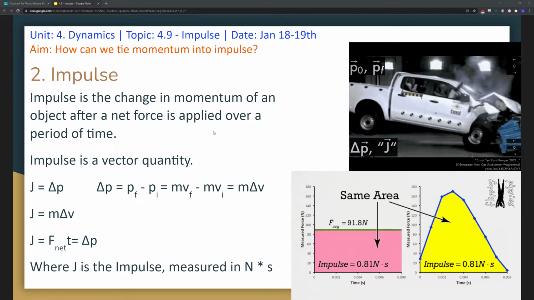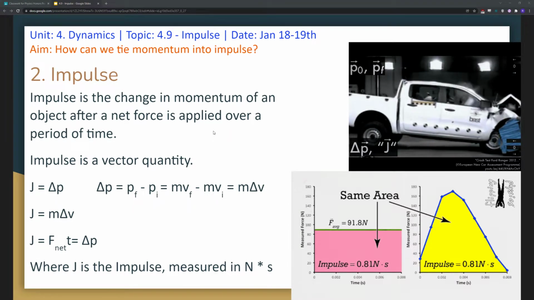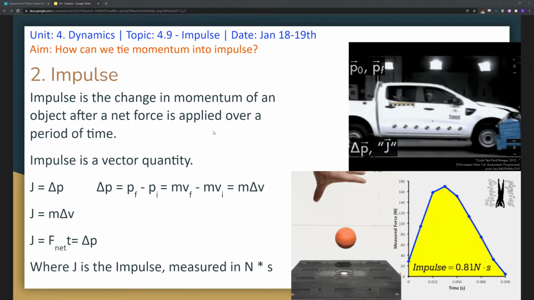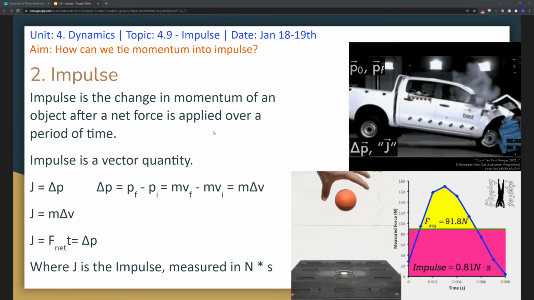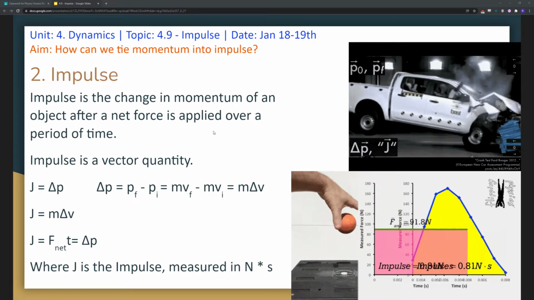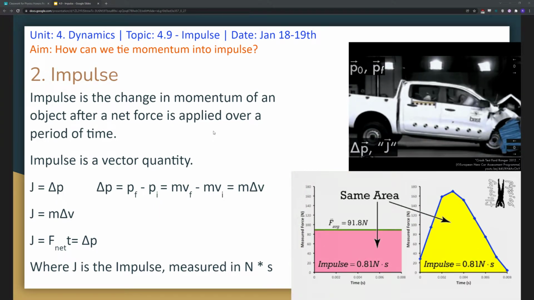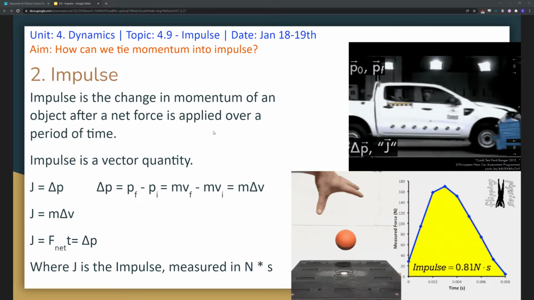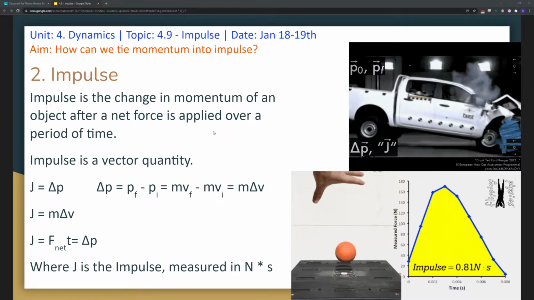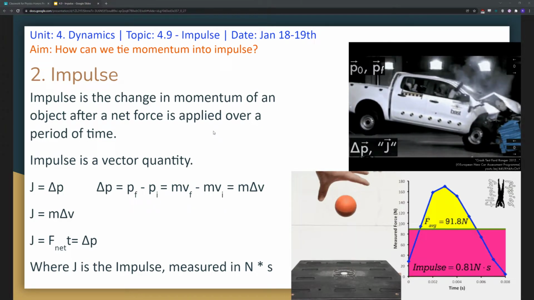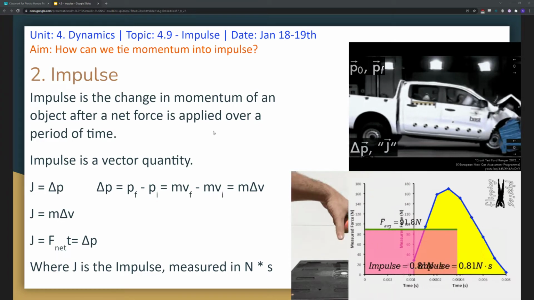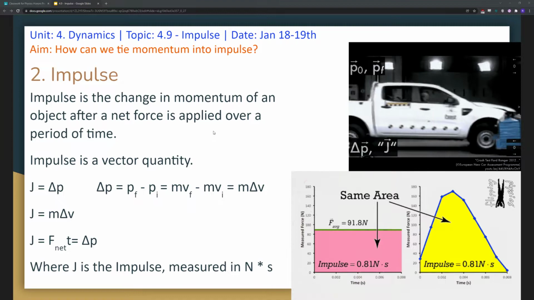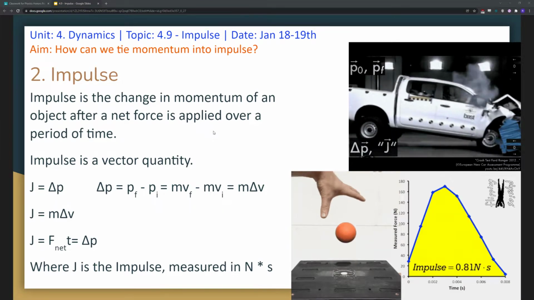Well, this is essentially what's happening here. Engineers, when they're designing cars, want to make sure that your car takes as long as possible to reach a velocity of 0. Which is why they designed the hood of the car to crumple, so that the hood will take the longest amount of time. It increases the amount of time it takes for your momentum to get to 0.